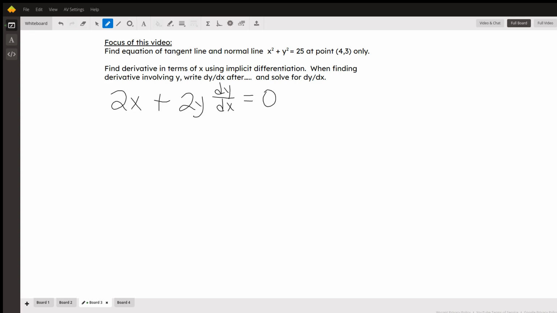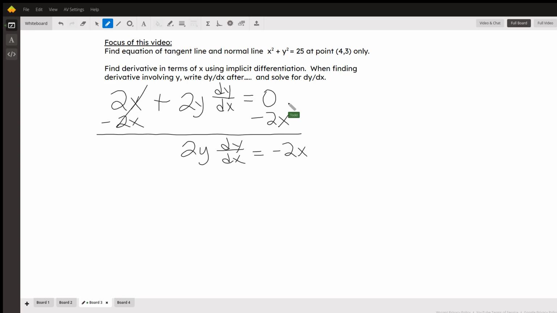Now we're going to take this equation and solve for dy/dx. You can do that by subtracting 2x from each side. That leaves you with 2y dy/dx is equal to negative 2x. Think of this as being dy/dx multiplied to 2y. To get rid of a multiplied piece, you just divide.